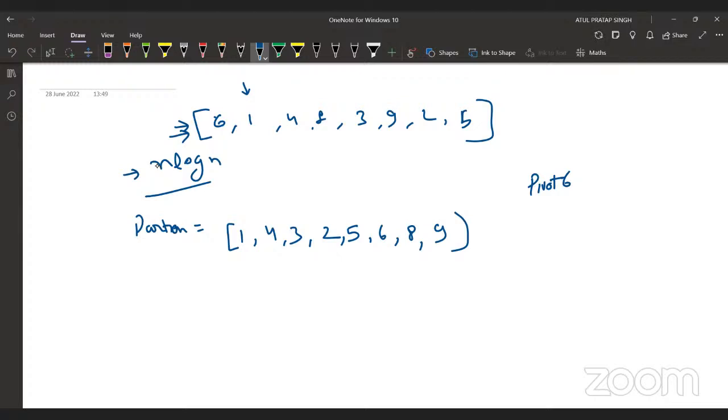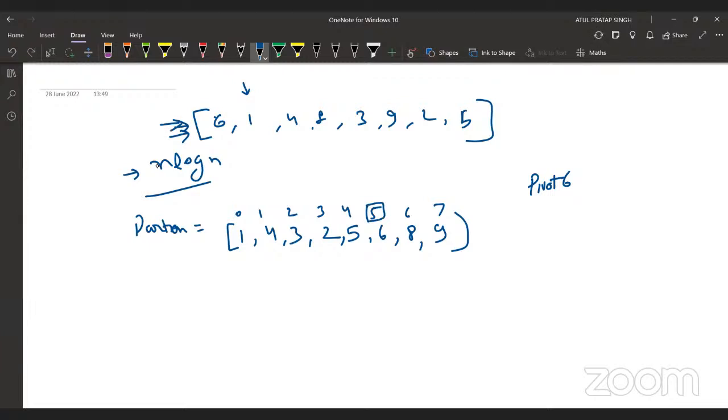So the purpose of the partition function is that it finds the actual position of the pivot element in the sorted list. For this 6, the indices of the list are 0, 1, 2, 3, 4, 5, 6, 7. After the partition process, this 6 is coming at the fifth index.